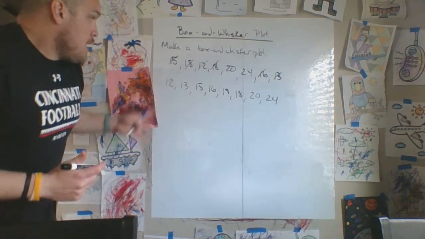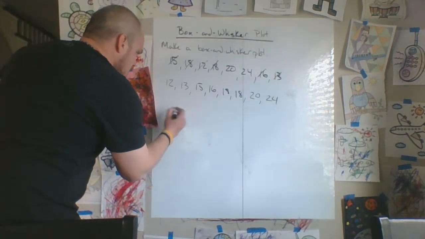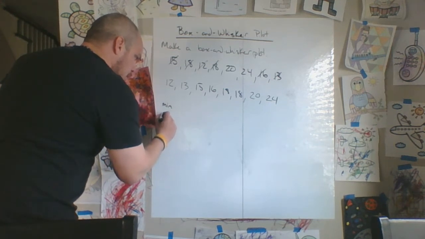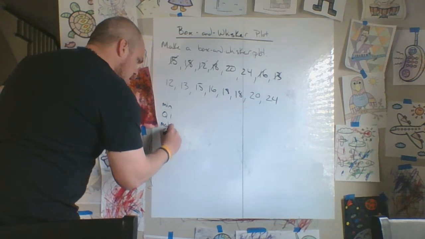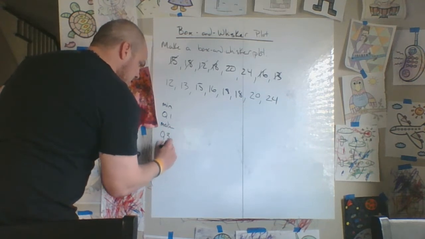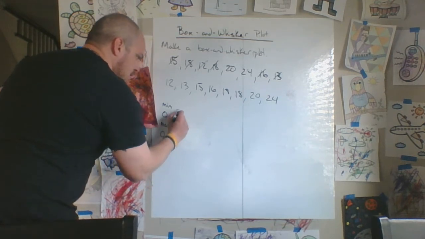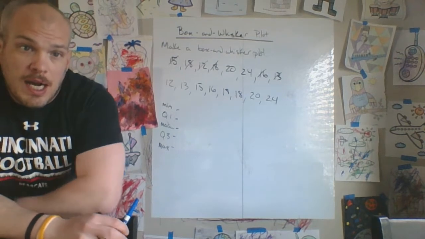Okay. So now with our 5 number summary, I like to make a list. So I have my minimum. We call it Q1. We have our median. We have Q3, and we have our max. Now, I'm not going to specifically talk about Q1 and Q2 or Q3.